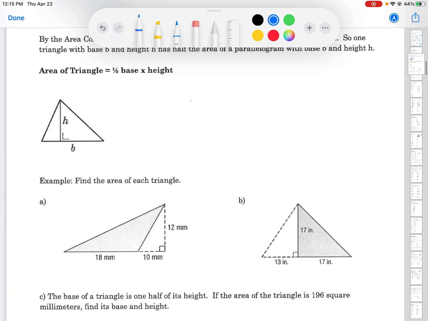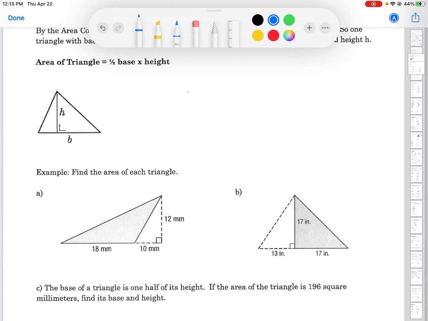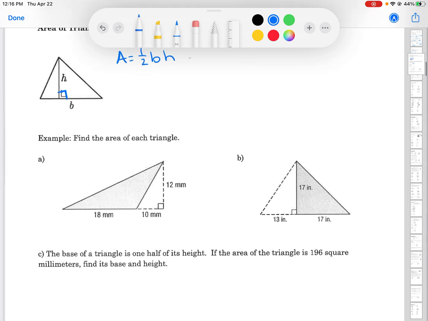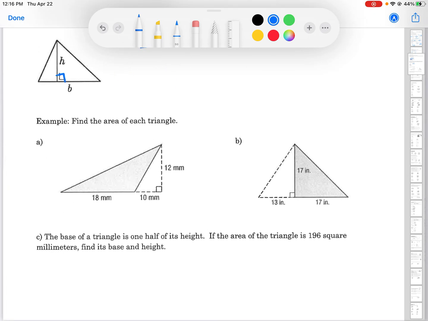All right, so here we also have the area of a triangle. Area of a triangle is 1/2 the base times the height. And this is really like a right angle in here. So let's find the area of each of these. Well, I have my base. My base here is 18. I actually also have my height, which is 12. My height is always vertical. This is just extra information that I don't need.